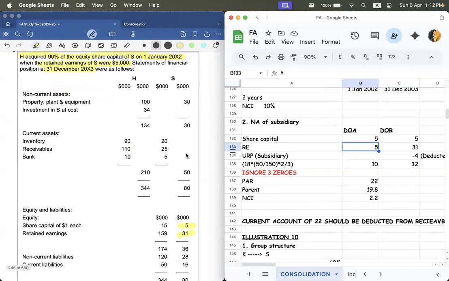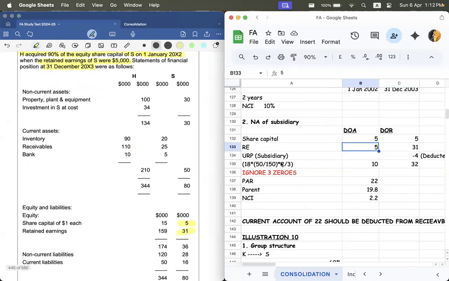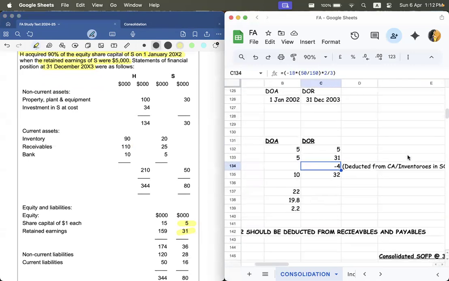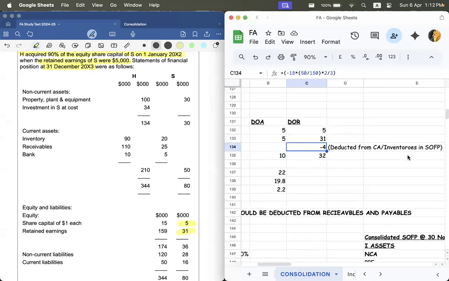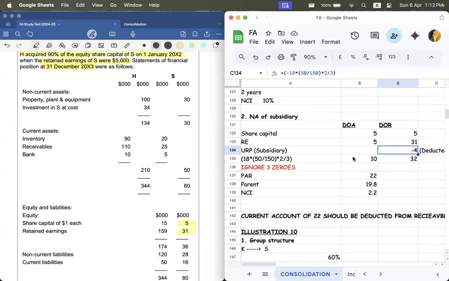Clear? And the URP, when you calculate as before, it becomes this. And URP is always deducted from current assets, that is in the inventory section. Clear, no? Now, you're going to total things down, right? This side total and this side total.